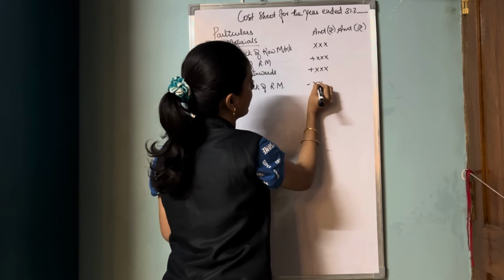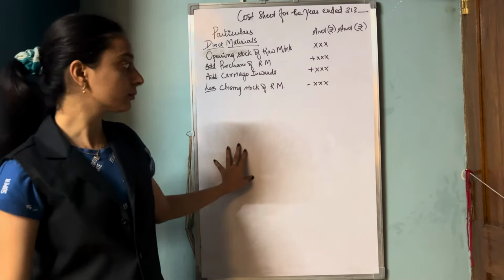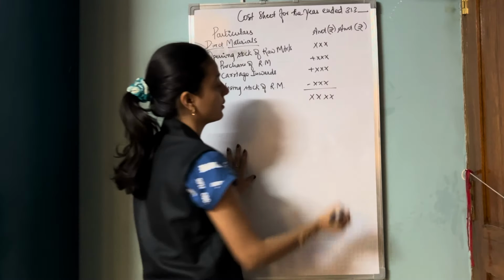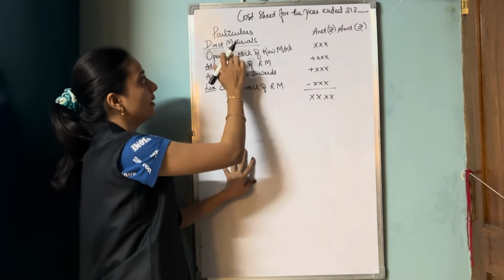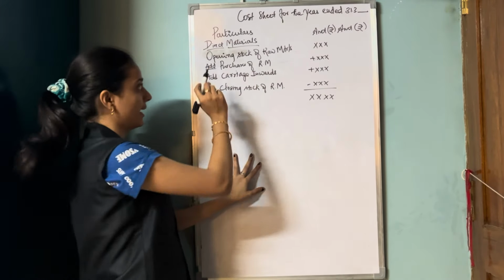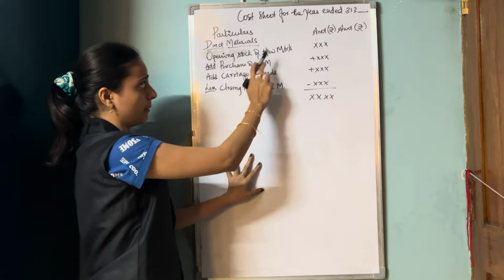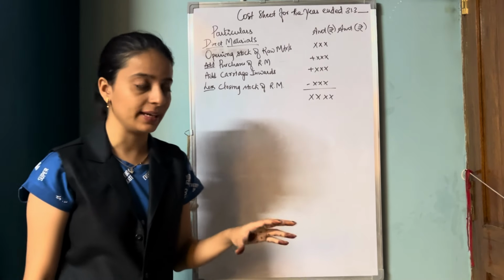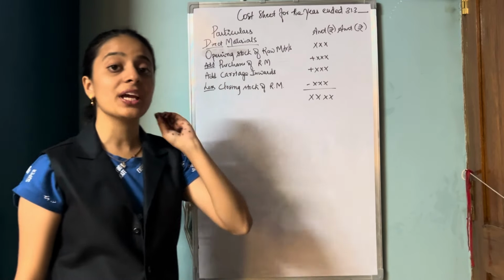Take the specific amounts. Fine. What I did: under direct materials, the opening stock of raw materials, to that add purchase of raw materials, add carriage inwards.